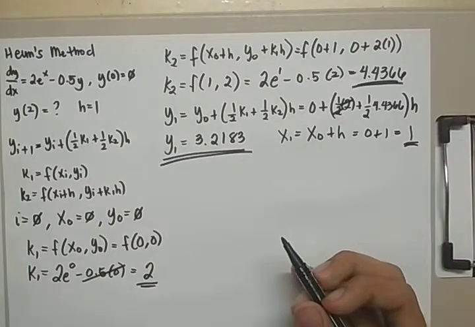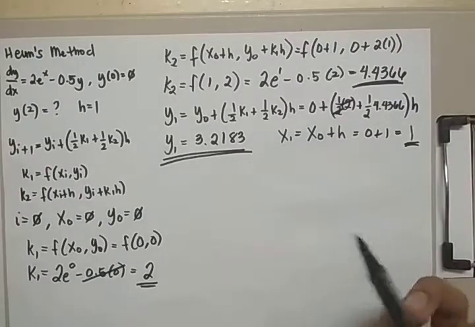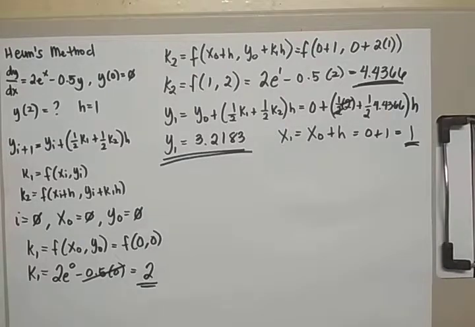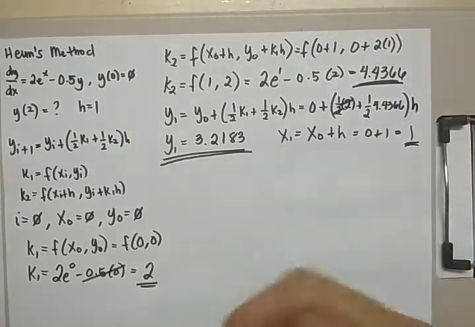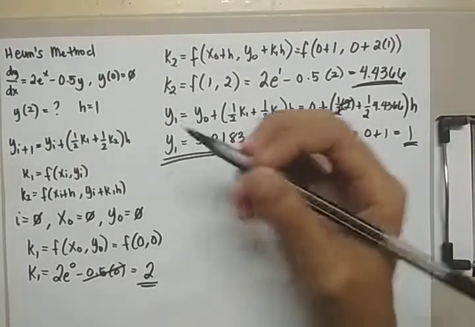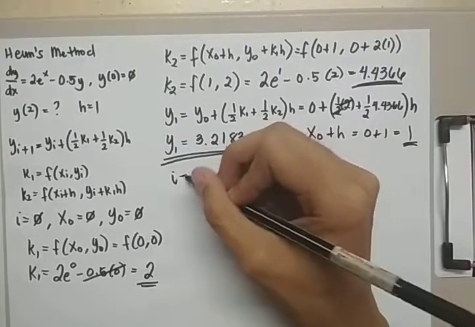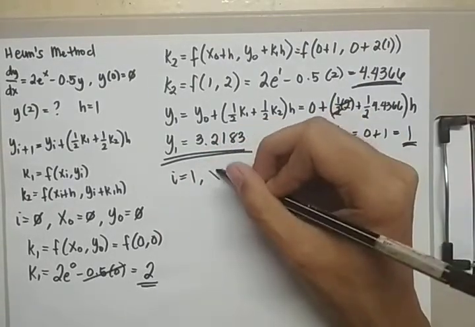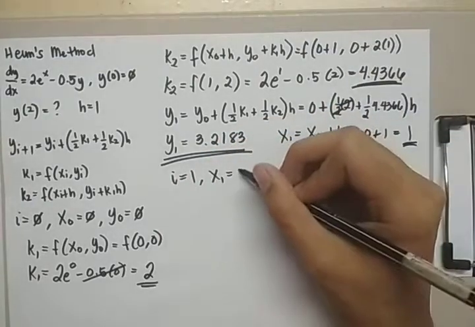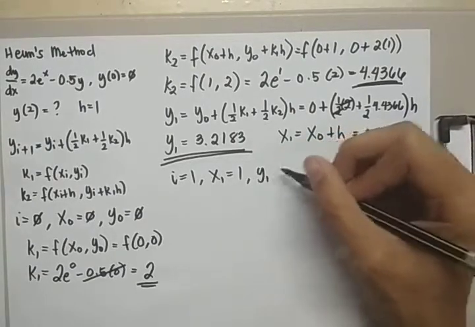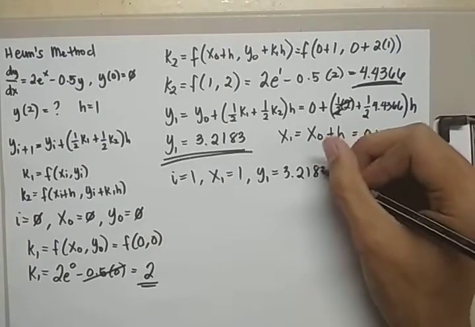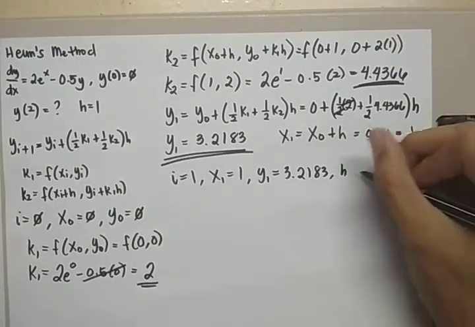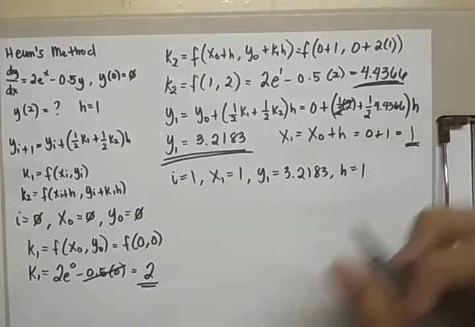Now, since we have our values for x sub 1 and y sub 1, we can proceed to the next procedure, where i is equal to 1, x sub 1 is equal to 1, y sub 1 is equal to 3.2183, and our h, our step size, is equal to 1.